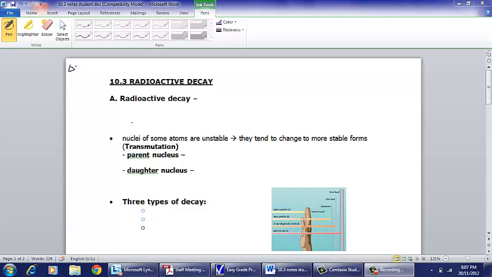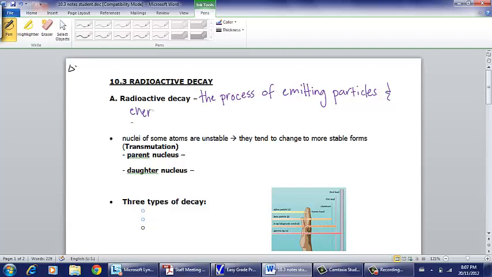So for a definition, radioactive decay is the process of emitting particles and energy from the nucleus of certain atoms. This results in the breakdown of unstable nuclei.